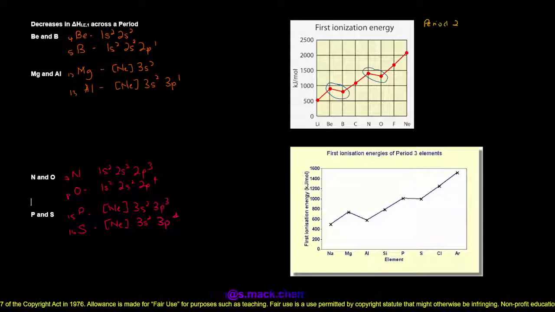So let's compare beryllium to boron, where in beryllium we would be removing an electron from a filled s orbital versus boron, where we would be removing an electron from a p orbital.